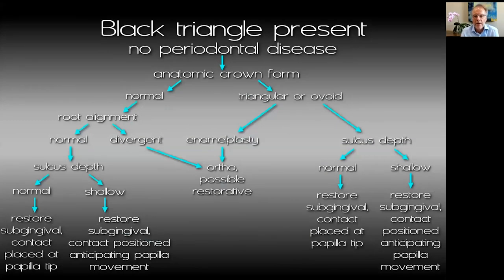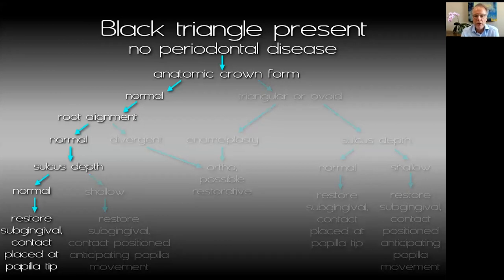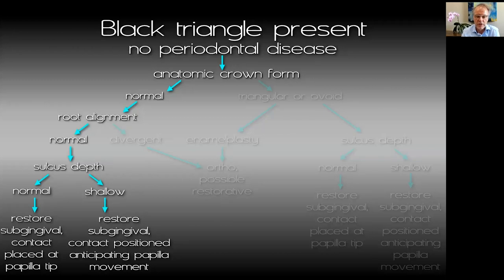But now if we look at a situation where there's no periodontal disease, so the anatomic crown form is normal, root alignment is normal, and sulcus depth is normal, then I restore subgingivally and the contact is placed at the papilla tip. If the sulcus depth is shallow, then we have to think about it: we restore subgingivally, and now I have to position the contact at the anticipated height of the papilla.